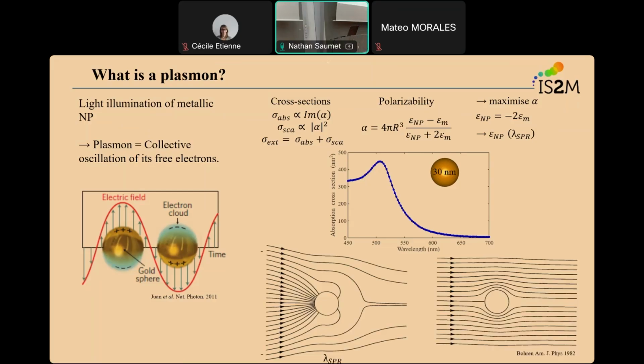So if we have a nanoparticle here, which is interacting with field lines, if we are outside of the plasmonic resonance, nothing happens. I mean, the lines are just here around. But when we are at the plasmon resonance, the interaction of these nanoparticles with the incoming light is way wider than the nanoparticle itself. So this is the plasmonic resonance.